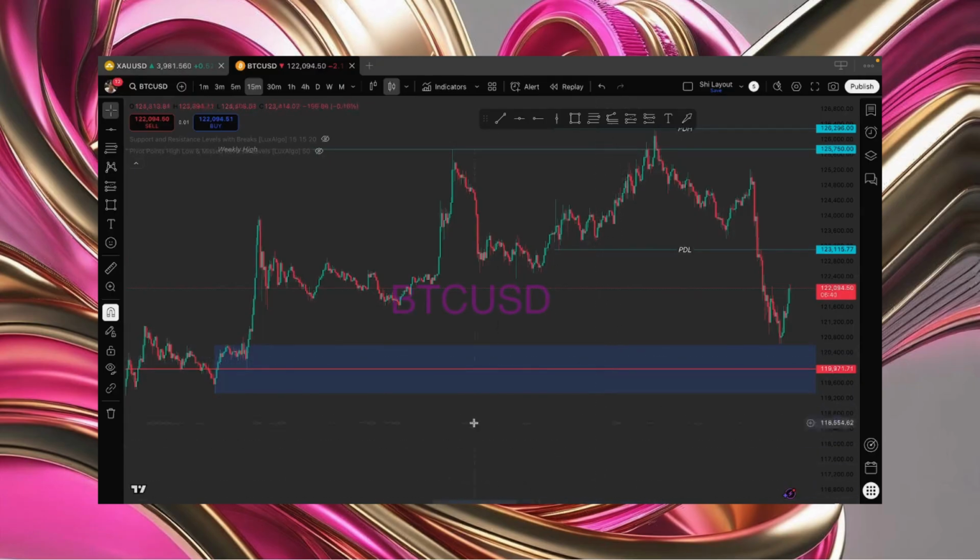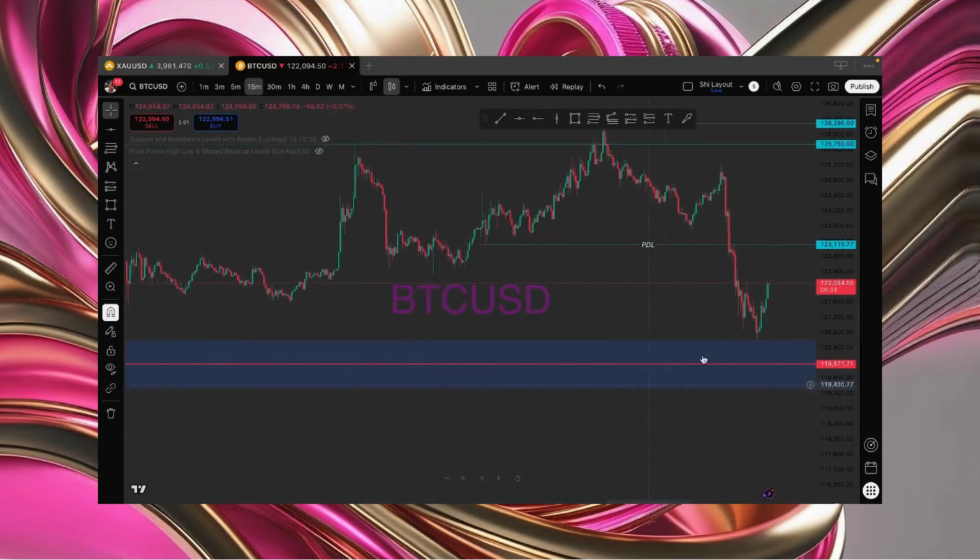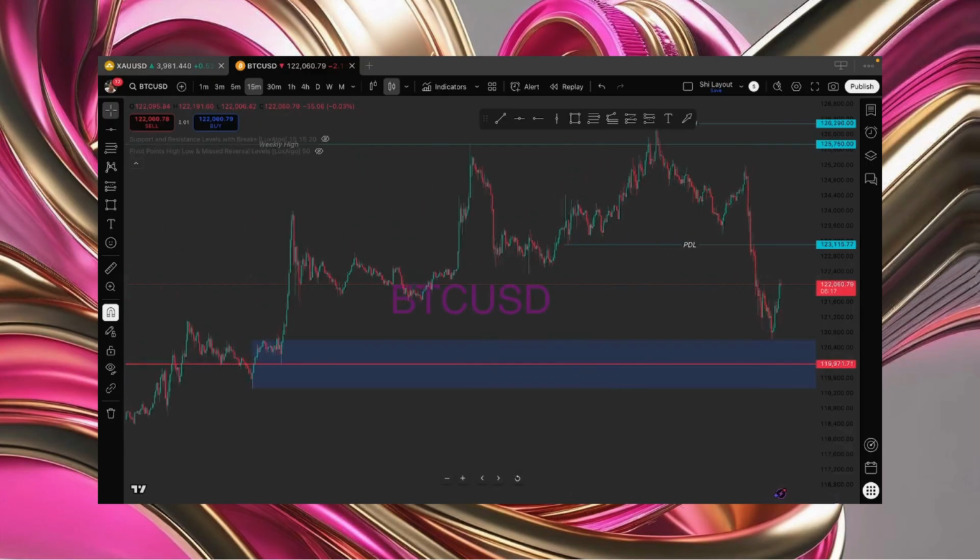Now, what am I looking for when it comes to an entry from here? Because as traders, we do not enter at a premium. We always enter at a discount. So you buy low, you sell high. What I'm looking for is a sweep of this high and a manipulation down. Let me show you.